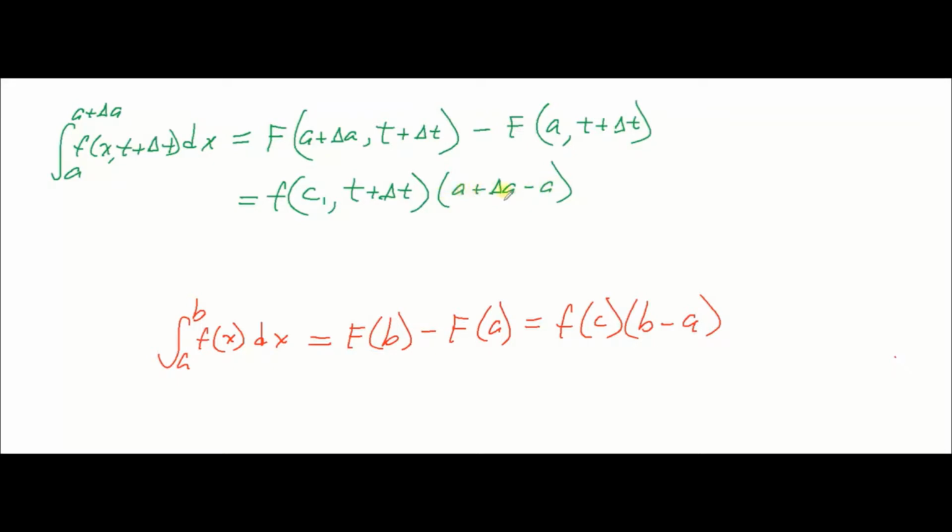Remember, these are constant because they're dependent on t. The t is not moving right now because we are doing the integral with respect to x. So let me just change this back to delta a.